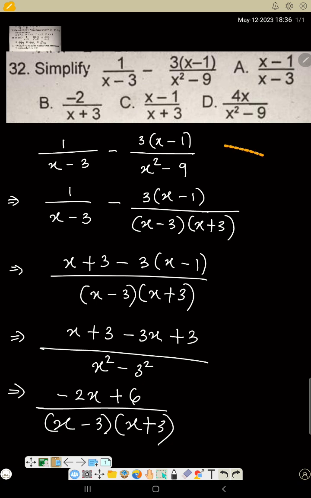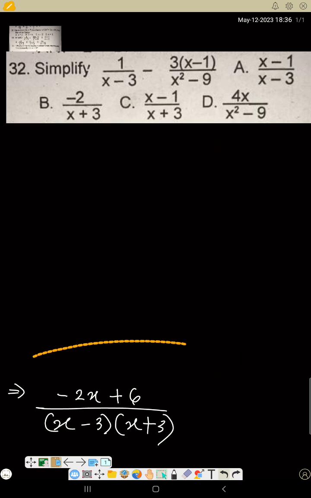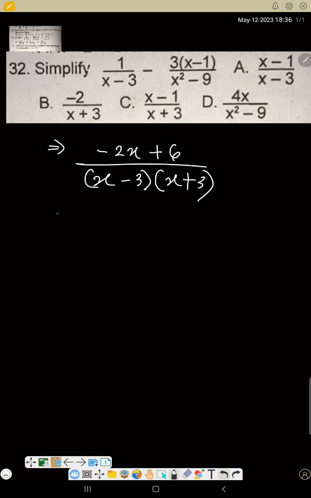So now from this result, what is common? Yeah, minus 2 is common. So this will remain s minus 3. That is minus 2 times s, that is minus 2s.